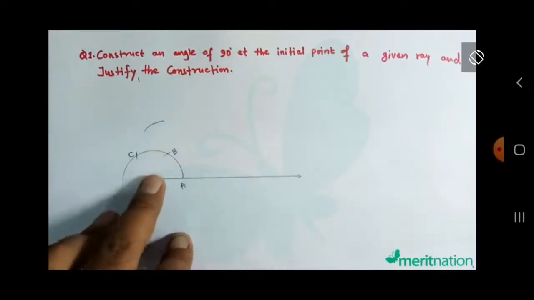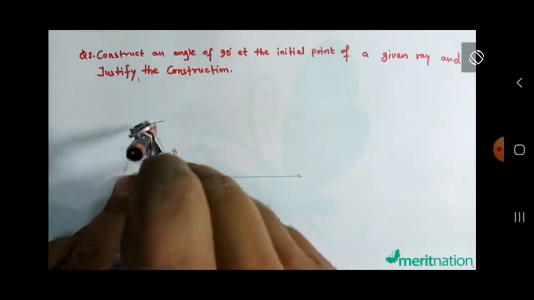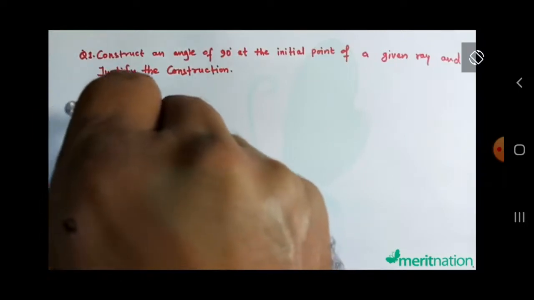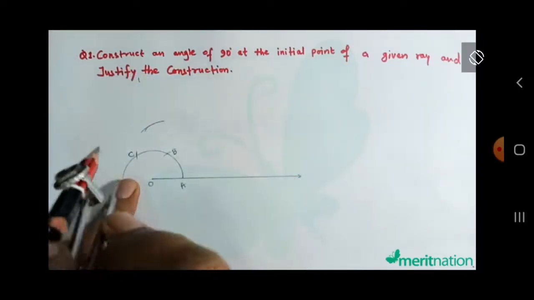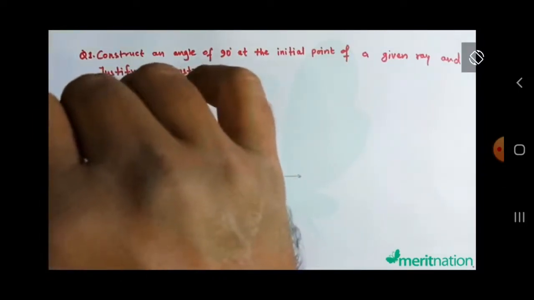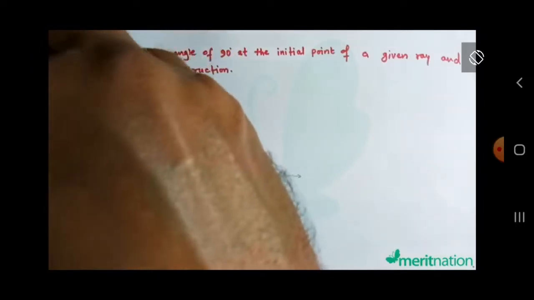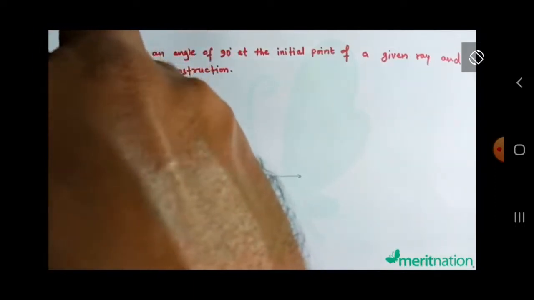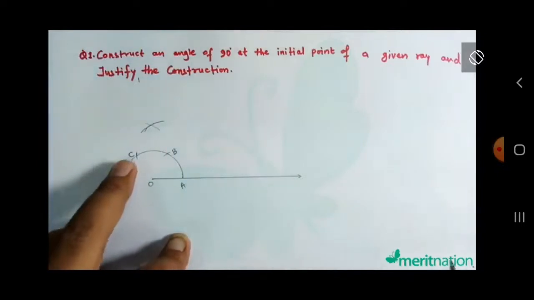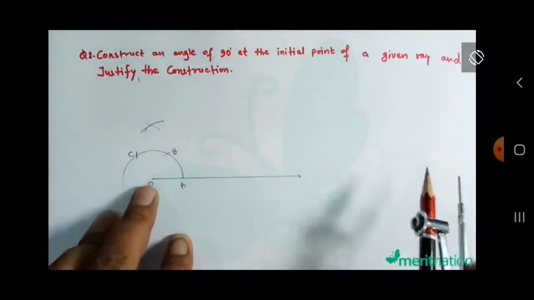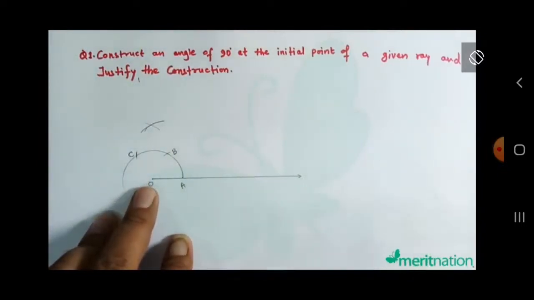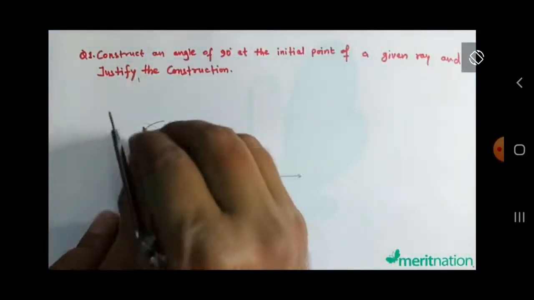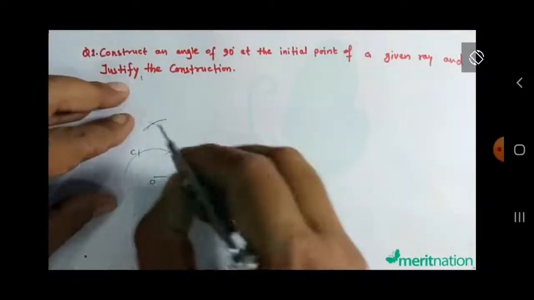This arc is from B. And now I'm taking the same arc from C also. And we need to make sure that these two arcs must intersect each other at a point. See, I have got a point here. The point of intersection is, suppose, E.